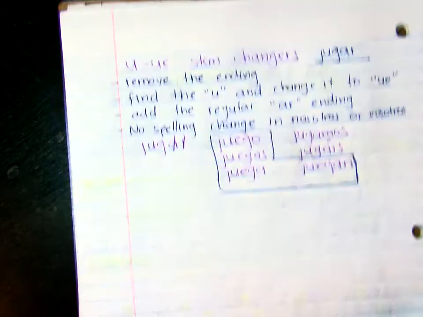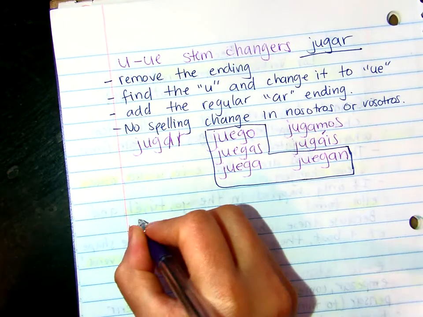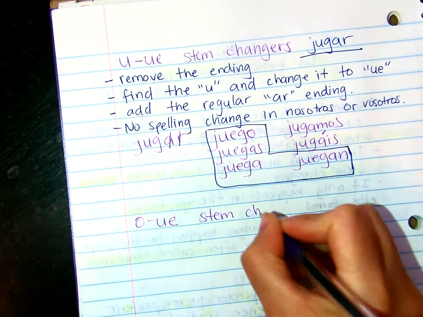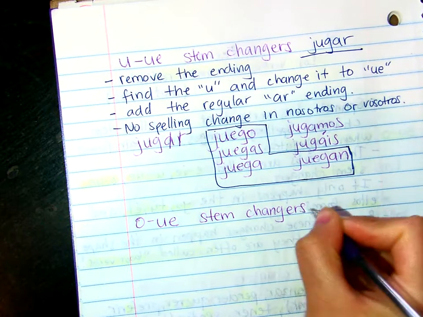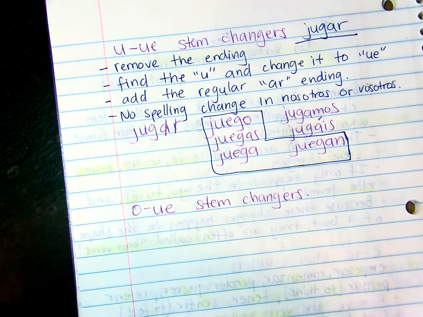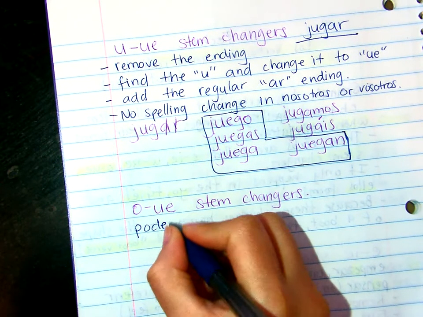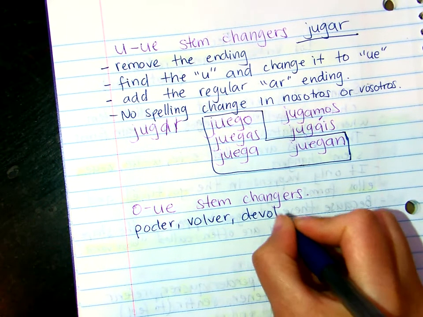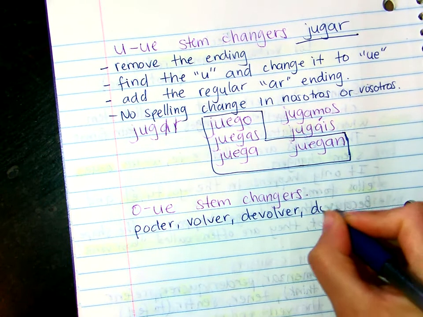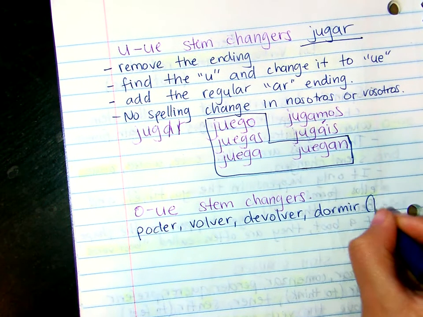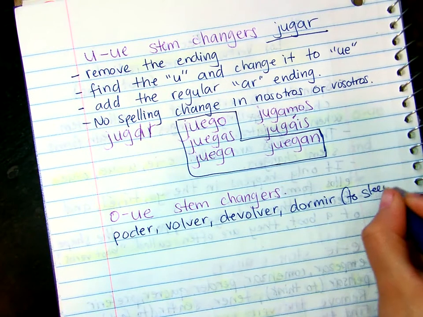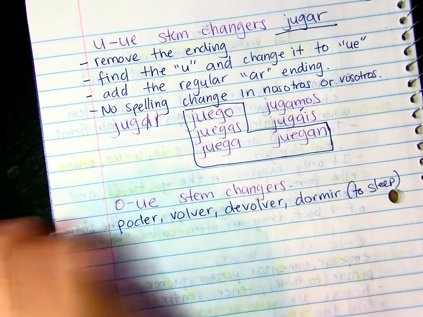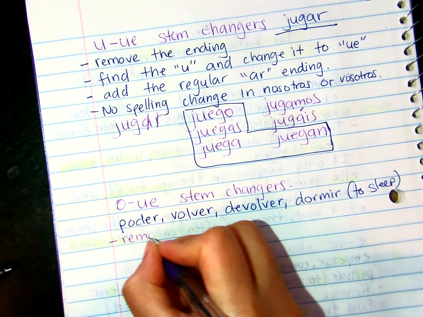And then we have the verbs that change the O to UE, the stem changers. So we have a few. We have poder, volver, devolver, y dormir. To sleep. Okay. So what is the first thing that we're going to do? We're going to remove the ending.